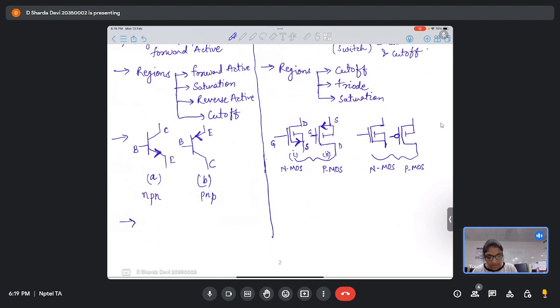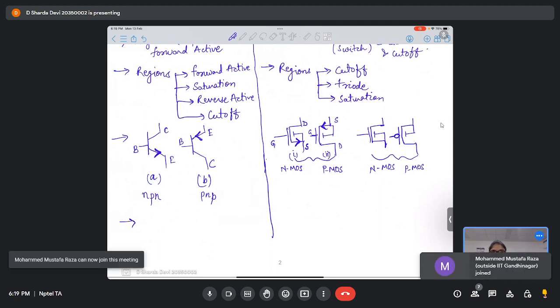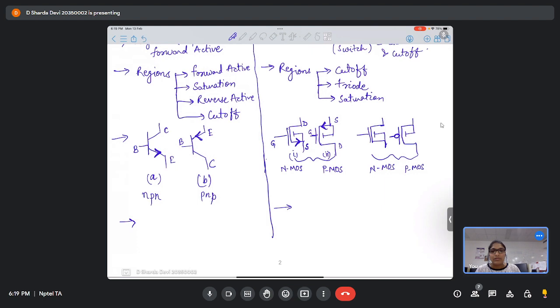Okay, and now coming to the current behaviors: how is the current and voltage relation in BJT and in MOSFET? Do you have any idea regarding that? How is the current trend?